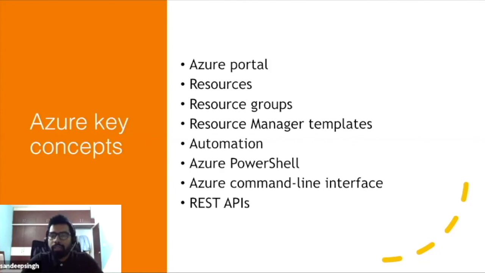Then we have REST APIs also. If a developer is working on infrastructure provisioning, they can leverage the infrastructure APIs provided by Azure, consume them, and do the necessary action. REST API is there. They have the Azure SDK also.